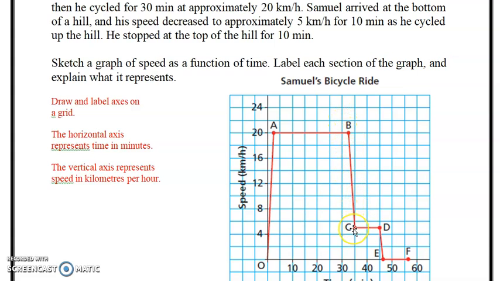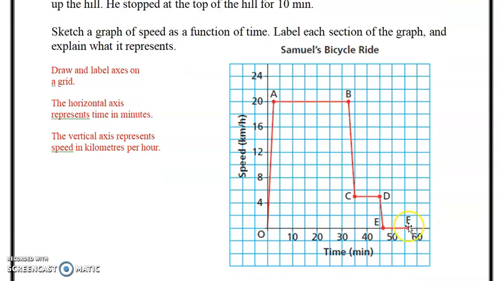C to D is again a constant speed of around 5 kilometers per hour for 10 minutes, as he cycled up the hill. Then he slows down again, and E to F is where he finally is stopped, and that is stopped because the speed is 0.